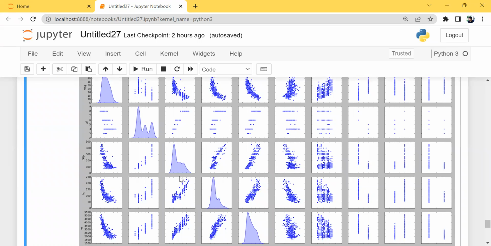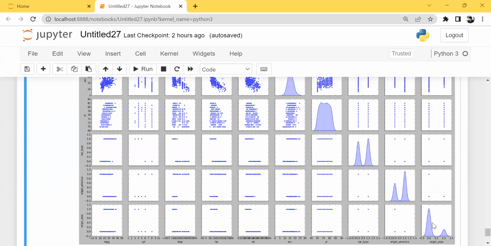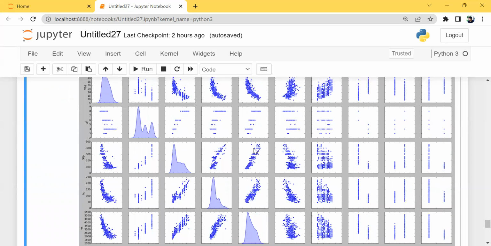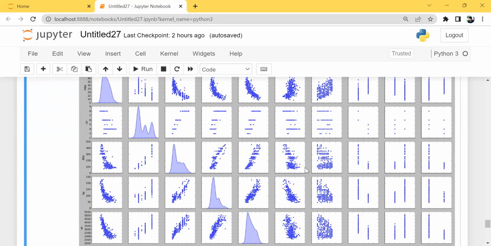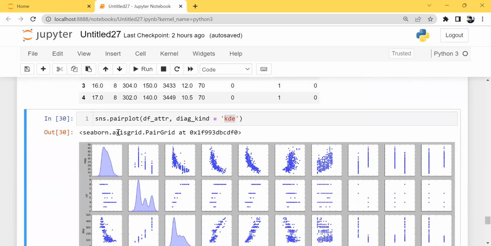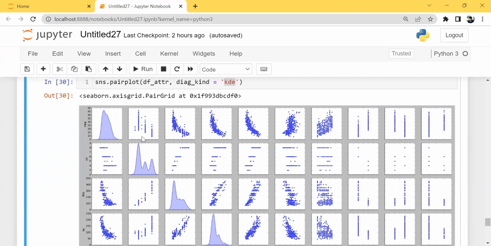These smooth curves on the diagonal of the matrix are the kernel density estimators. One of the most important skills of a data scientist is to interpret the graphs or plots. When you get the plots, you need to understand what that particular plot is actually trying to convey.